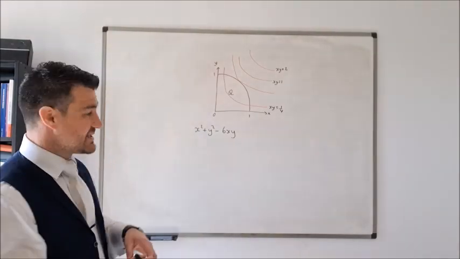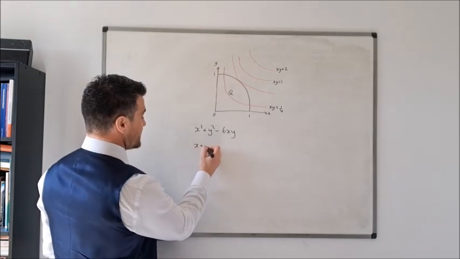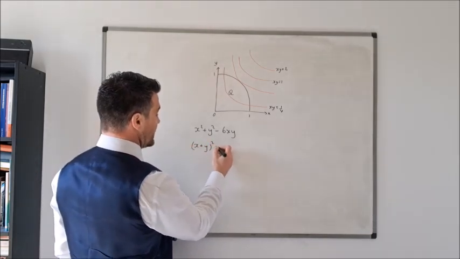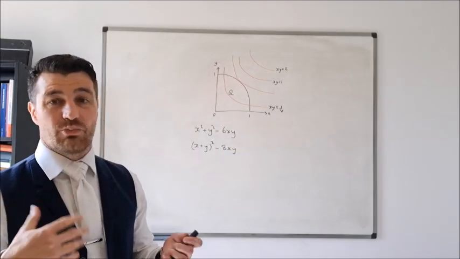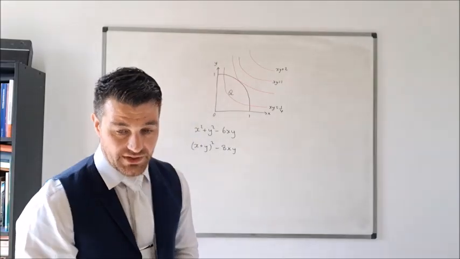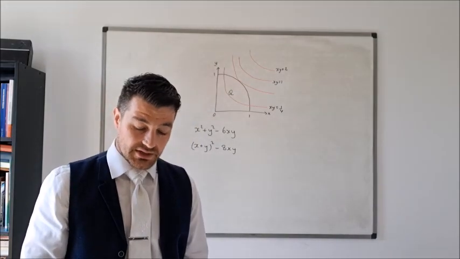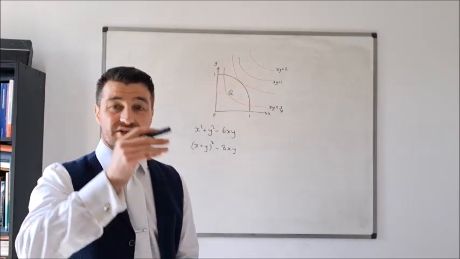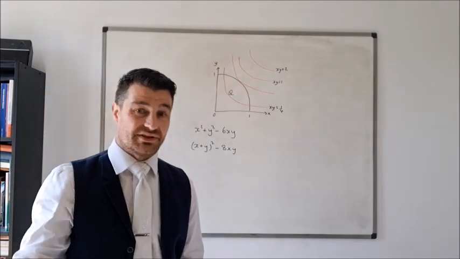So naturally, when it came to this, one of the first things that I tried was basically what I did before, which was write this as (x plus y) squared minus 8xy in this case. And I had a feeling that it wasn't going to work. It's very unlikely that in an MAT exam or a STEP exam, for example, what's worked in one part is going to work exactly the same, symbol for symbol, in the next part.